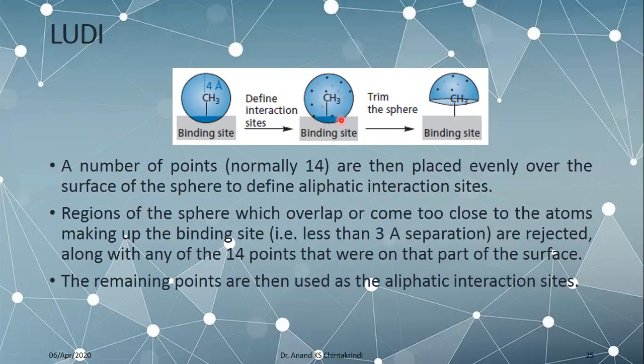You can see these points are overlapping with the binding site atoms, and these points are very close to the binding site. So this sphere is trimmed such that these site points are rejected. The remaining points are then used as the aliphatic interaction sites. So this is how you define the interaction sites of the aliphatic chain. Remember the dots in the interaction sites, these were the dots which were defined as those.